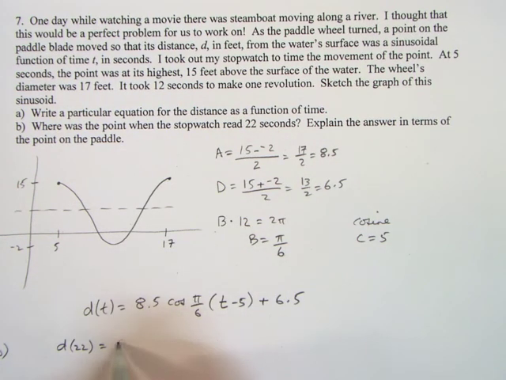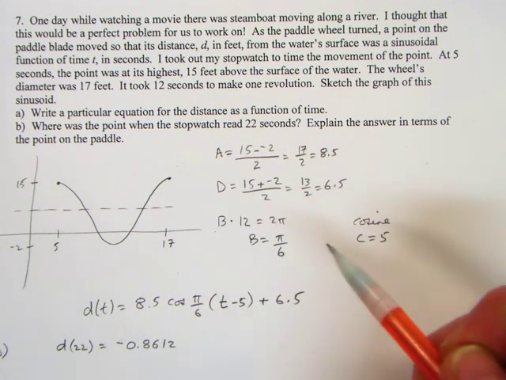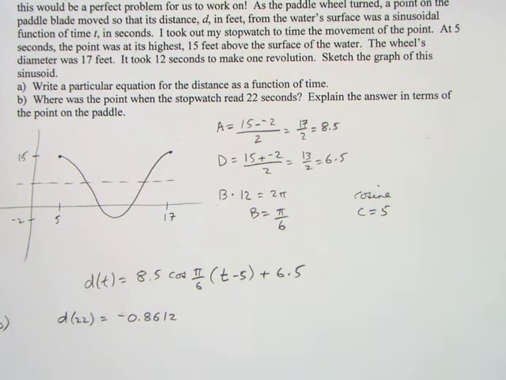And when you do so, you get negative 0.8612. So what does this mean? This says we need to explain the answer in terms of the point on the paddle. We're going to write a sentence for this.